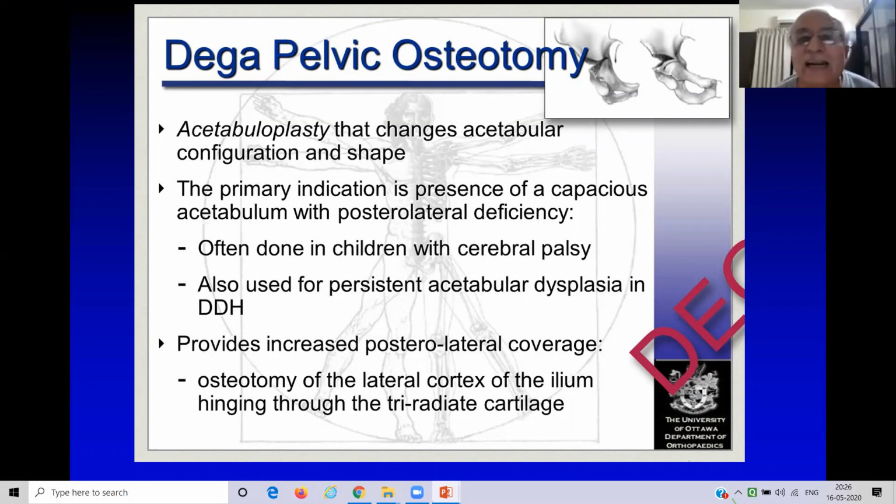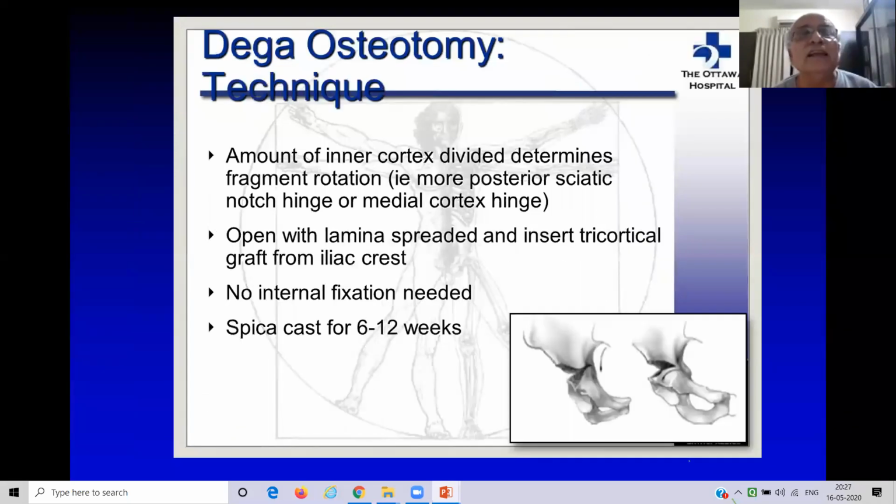It is only the lateral cortex of the ilium, and the triradiate cartilage acts as the hinge, like a Pemberton. The amount of inner cortex divided determines the fragment rotation. That is the hinge, more posterior to the sciatic notch, or the medial cortex hinge.